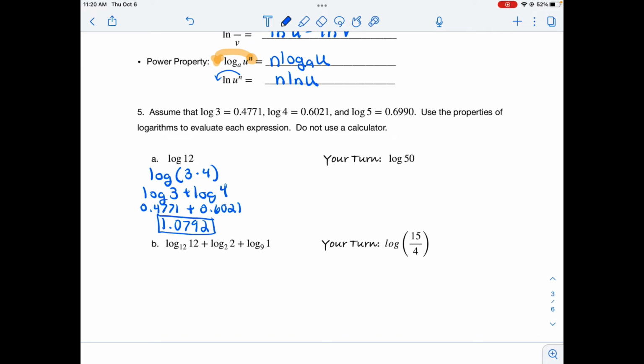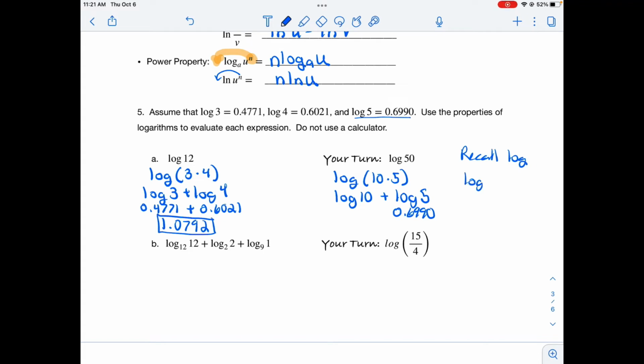So I want you to figure out log of 50 without using your calculator. Just use the given information. I can rewrite 50 as 10 times 5. So that's log of 10 plus the common log of 5. Now, this one's a little bit harder to see because I gave you the log of 5, but I didn't give you log of 10. But remember, the common log understands that the base is 10.